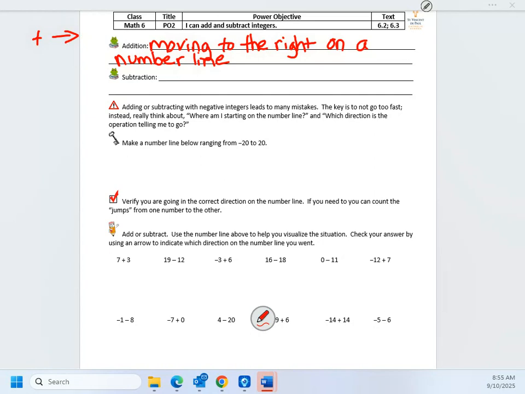When we're subtracting, which way do you think we move on the number line? To the left. So subtraction is moving to the left on a number line.